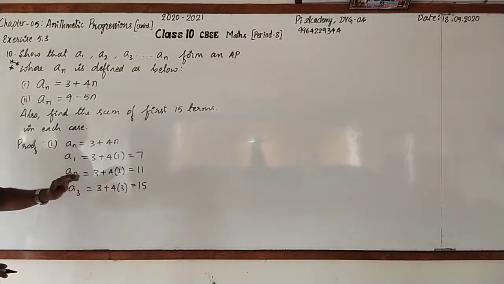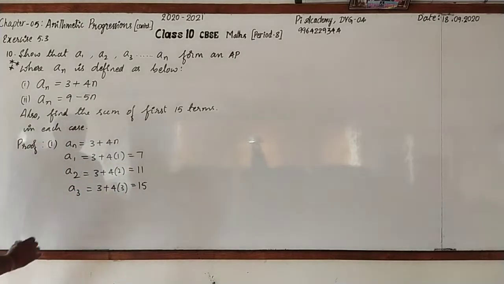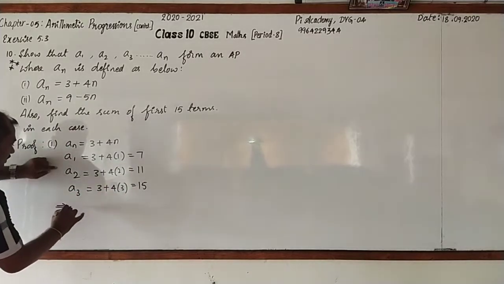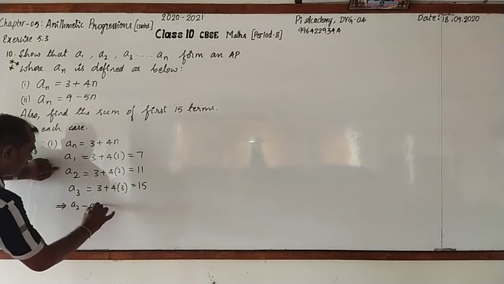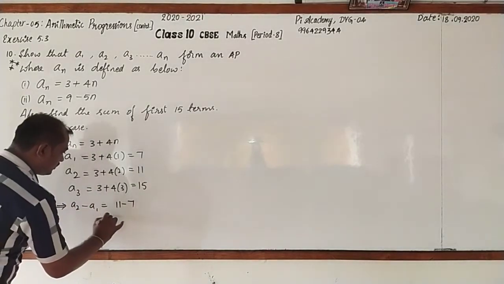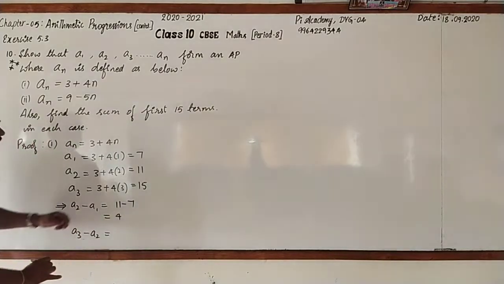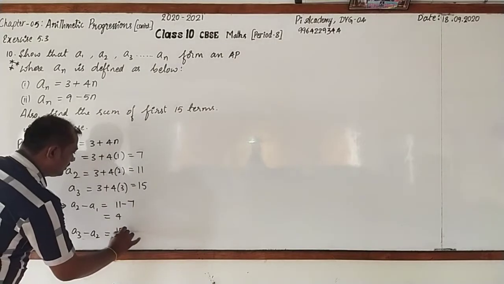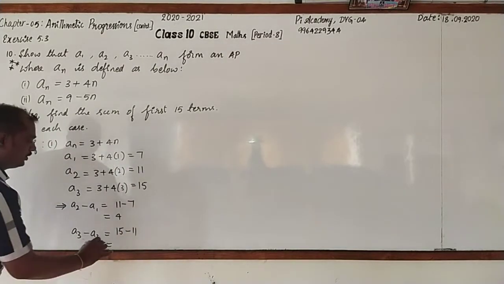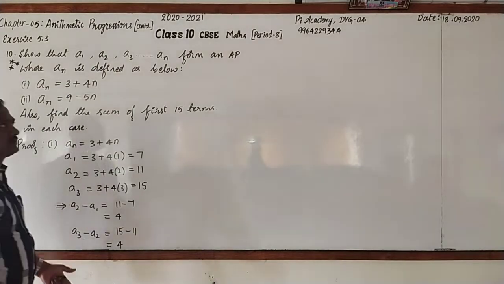Now these are the terms. We have to prove that these terms are in AP. Hence I go for finding the difference. A2 minus A1 is equal to 11 minus 7, which is equal to 4. A3 minus A2 is equal to 15 minus 11, is equal to 4. Now see that we got the same difference.